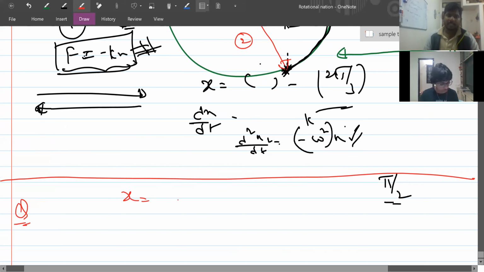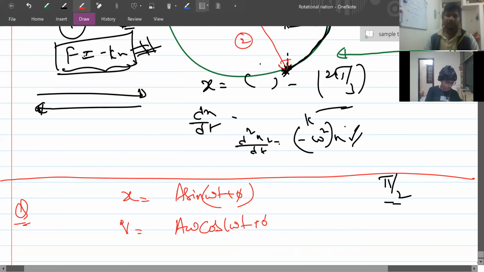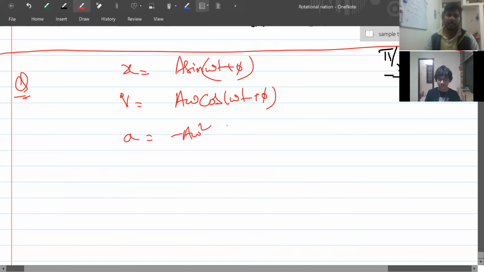x is equal to a sin(omega t plus phi), right? Yes, sir. v is equal to a omega cos(omega t plus phi), right? Yes, sir. Acceleration is equal to minus a omega square sin(omega t plus phi), right? Yes, sir. You see here, to get cos theta, what you need to do for sin theta?